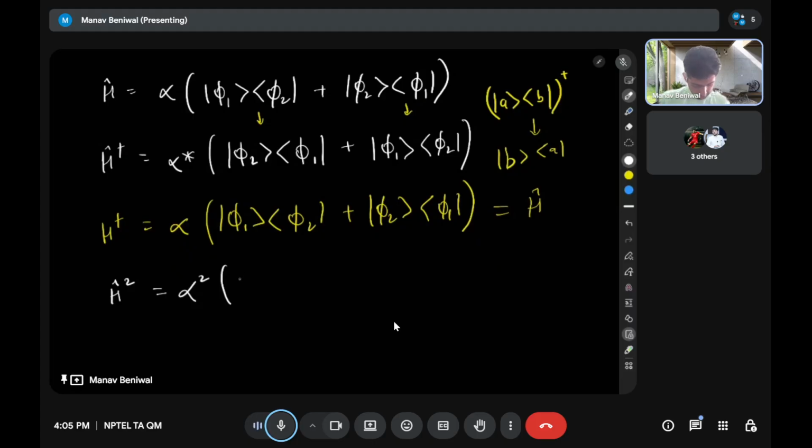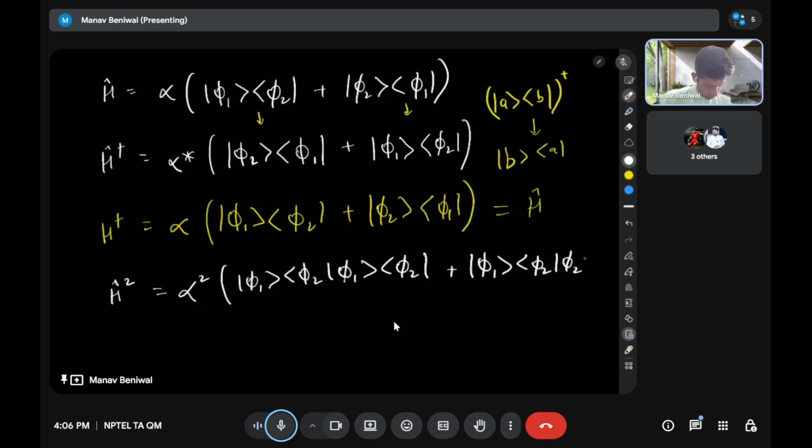We will get |phi 1><phi 2|phi 1><phi 2| as the first term, and the second term will be |phi 1><phi 2|phi 2><phi 1|.